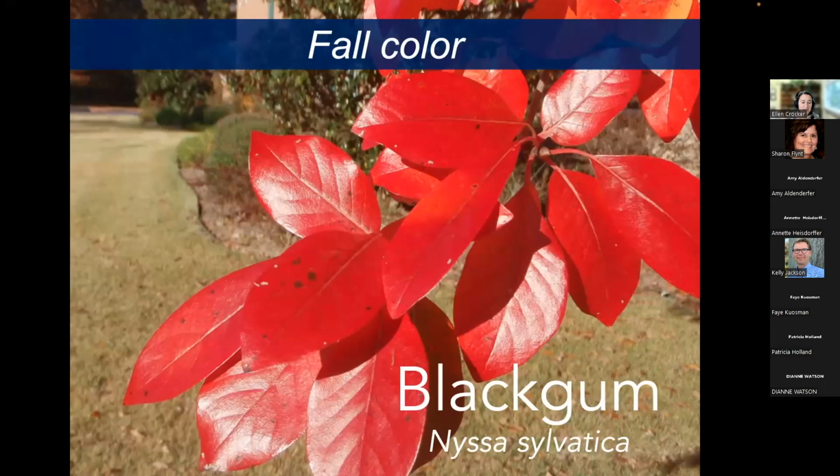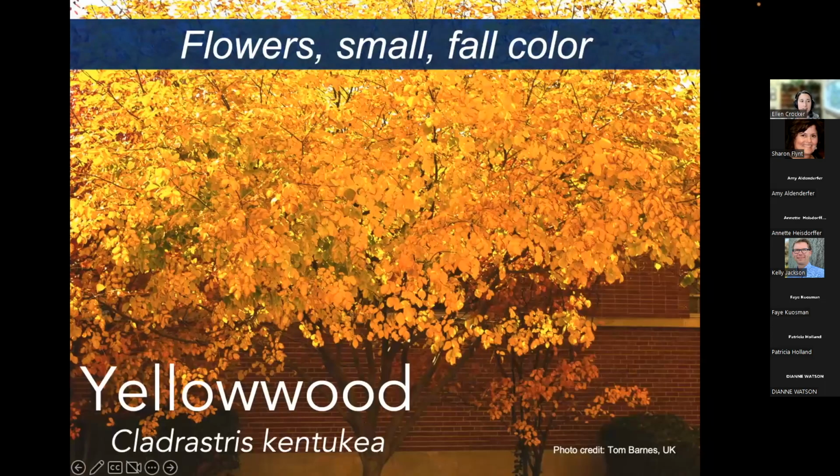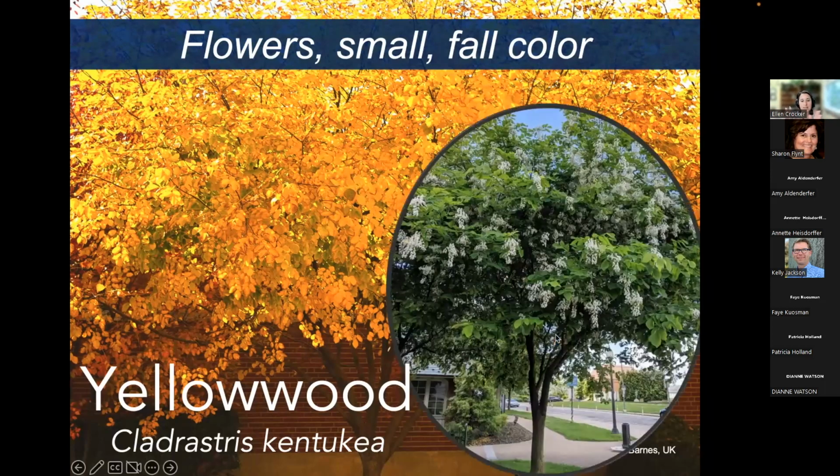Another just gorgeous, smaller tree, not as small as some of the ones we talked about earlier, but in that medium size, would be yellowwood. Really beautiful branching on this one. As you can see in this picture, it's got a really nice V-shaped growth there, kind of like an umbrella shape that it grows out in.